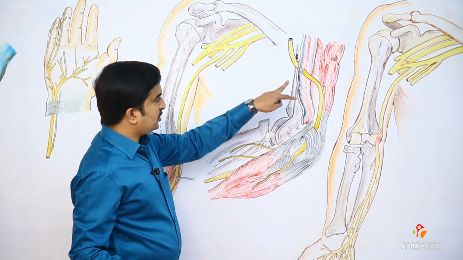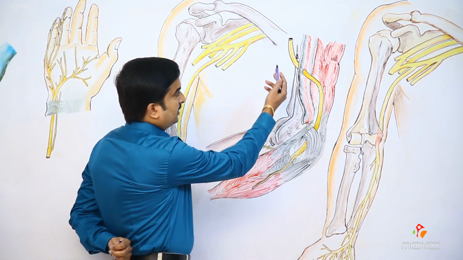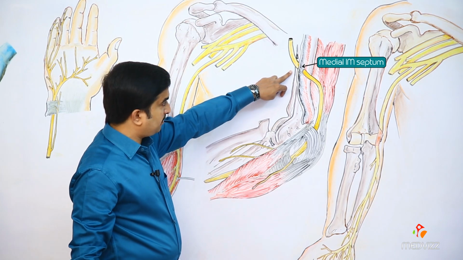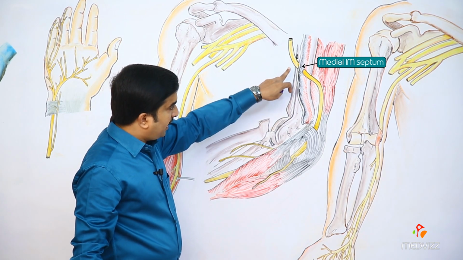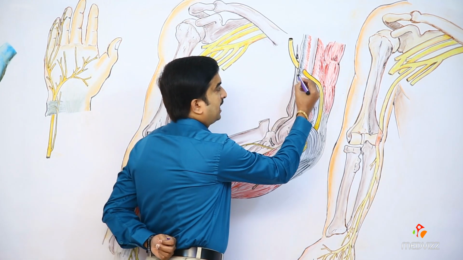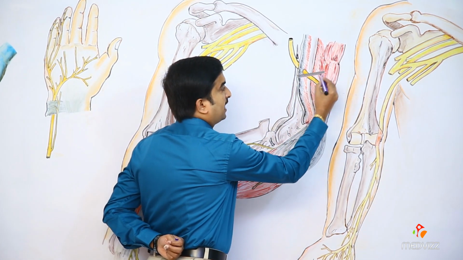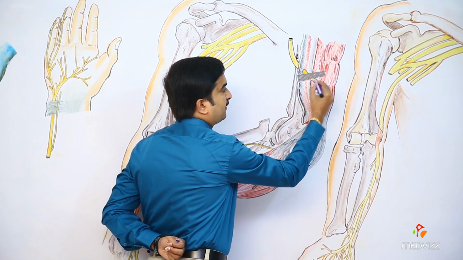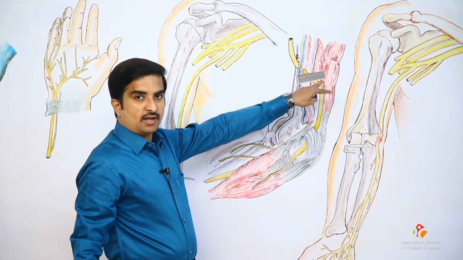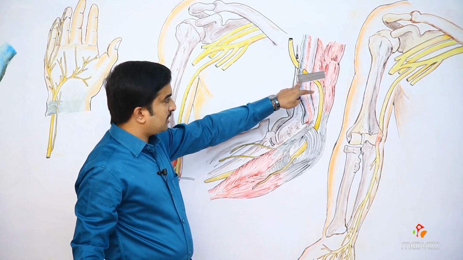As you can see in this picture, this is the ulnar nerve. It is piercing the medial intermuscular septum, right? Where it is piercing the medial intermuscular septum, you can find aponeurotic fibers. These aponeurotic fibers connect the medial head of the triceps and the intermuscular septum.